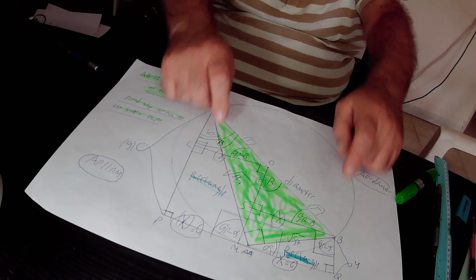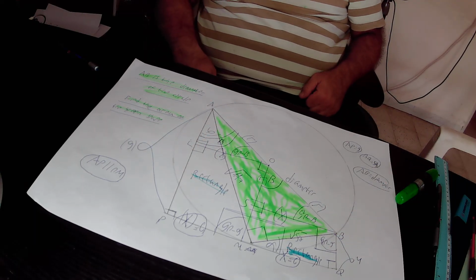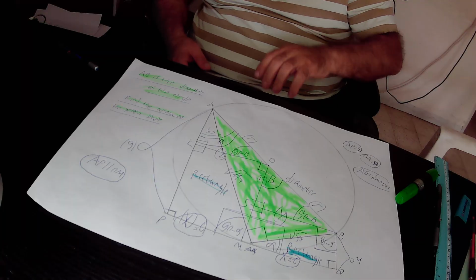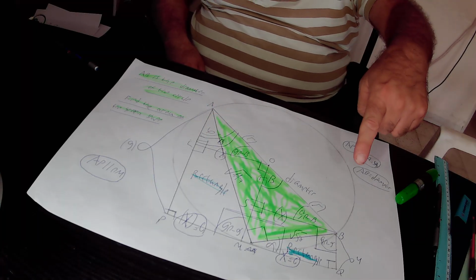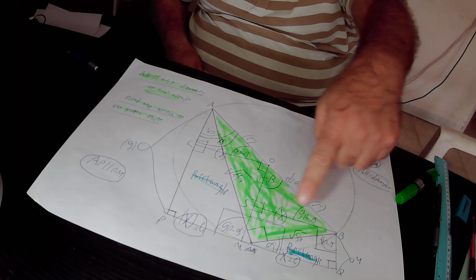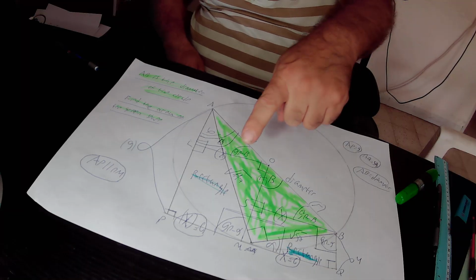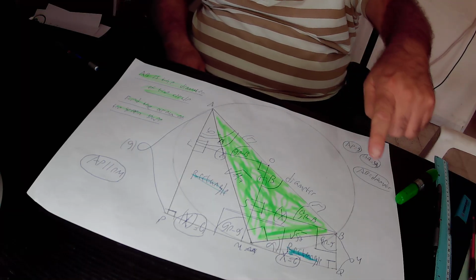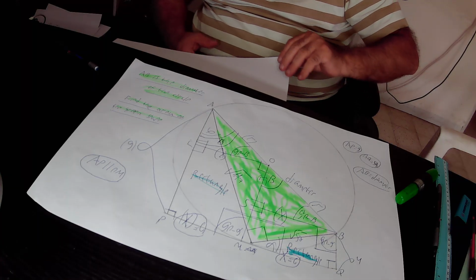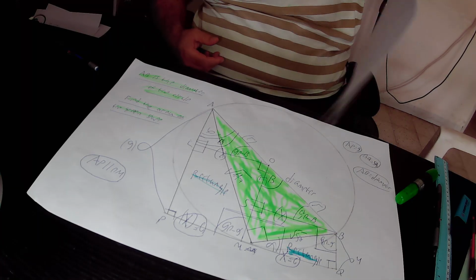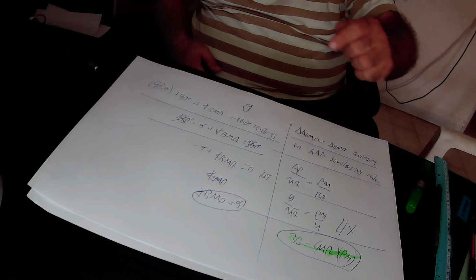From the fact that those two right triangles are similar, we know the following relationship exists between their sides. We write that side AP of the big right triangle APM over side MQ of the small right triangle BMQ is equal to side PM of the big triangle over side BQ of the small triangle. So AP over MQ equals PM over BQ.